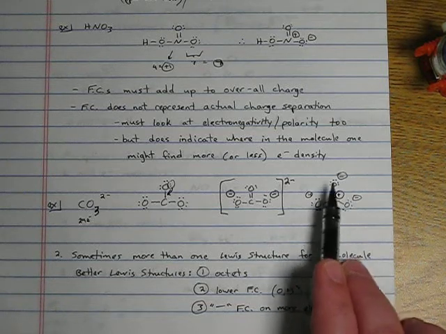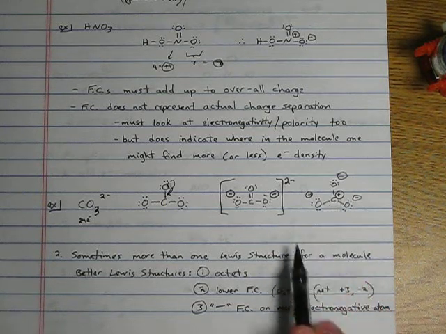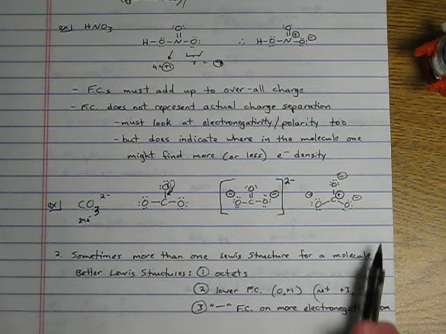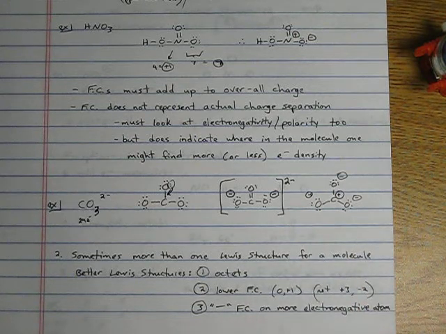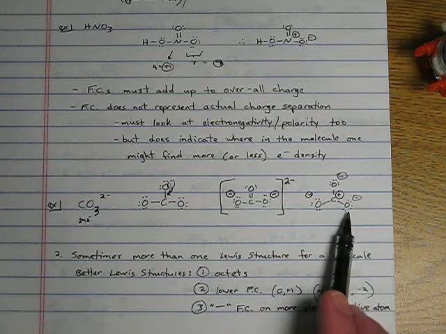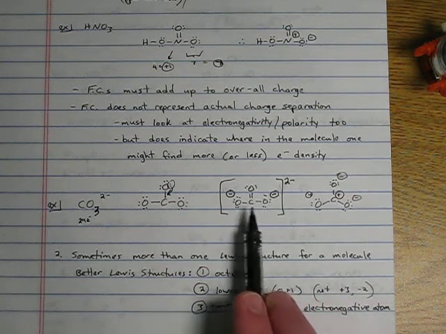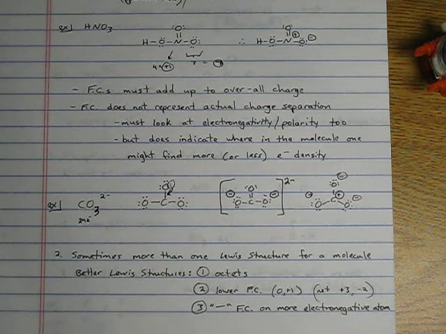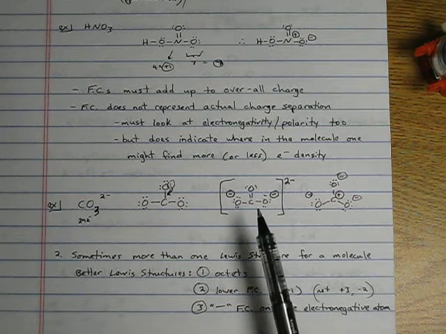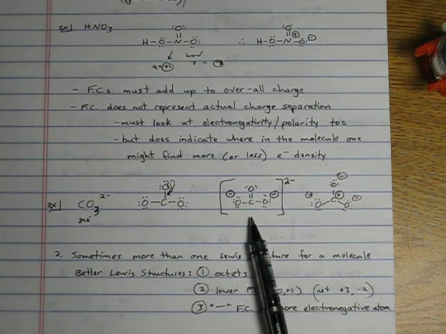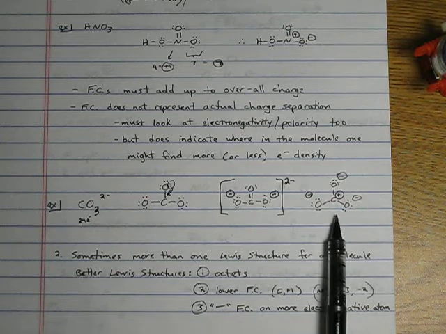I've got 3 negative formal charges and a positive formal charge. Every atom has a formal charge. It's nicer to have fewer formal charges. Better Lewis structures have fewer formal charges. So instead of every atom having a formal charge, here only 2 atoms, our 2 electronegative atoms, have the negative formal charge. So that makes this a much better Lewis structure for carbonate than this.